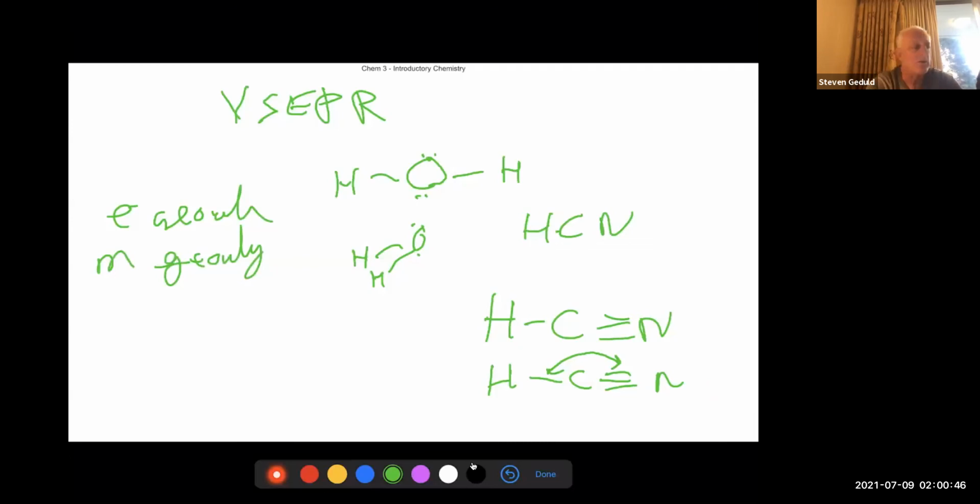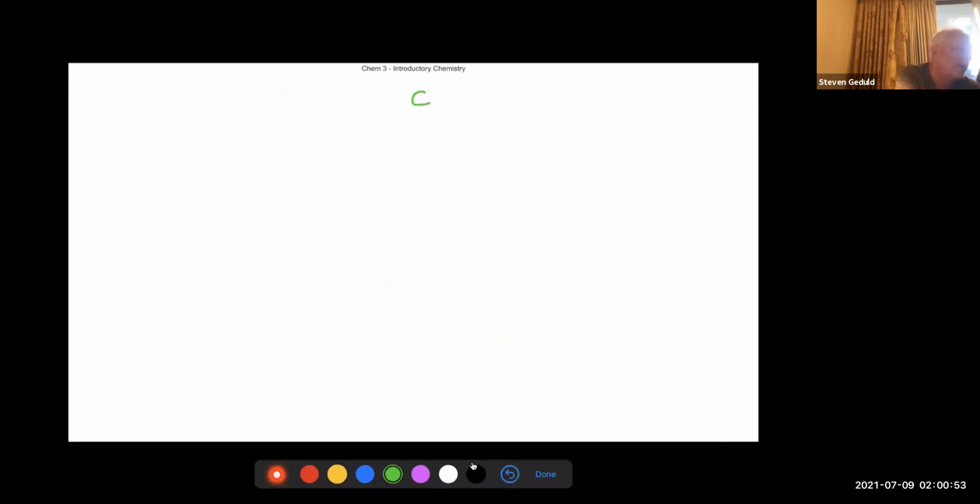Okay, so let's do another one. Let's do CO2, carbon dioxide. Let's draw the Lewis structure. There's our Lewis structure.